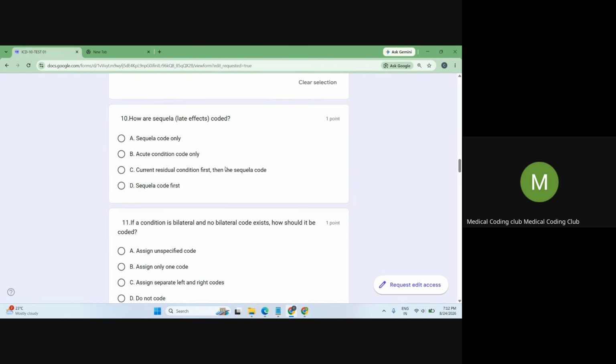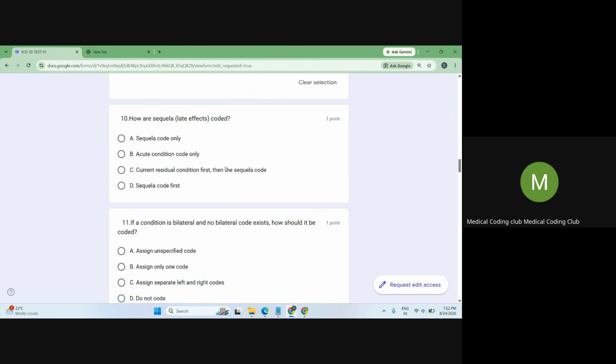So which one, scar or burn? What is today's condition? Today's reason for encounter. He suffered a burn, but later he developed scars. He took treatment for the burn and it was resolved, and later in his life he developed a scar.